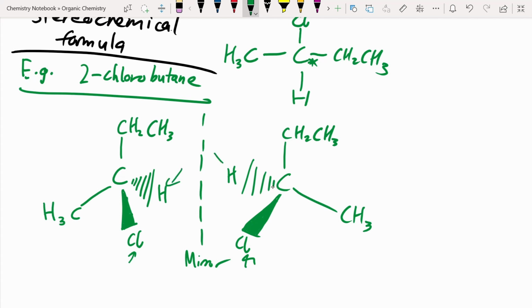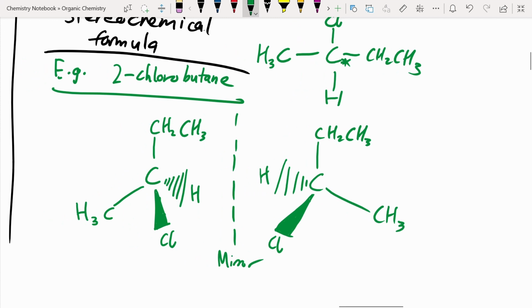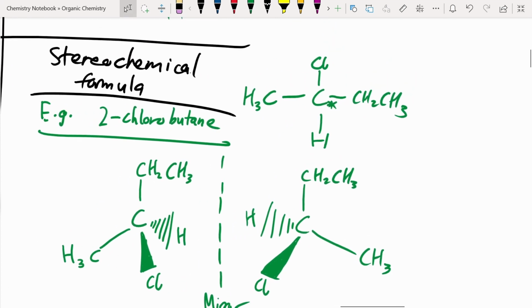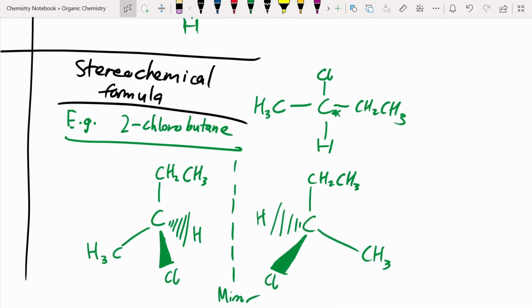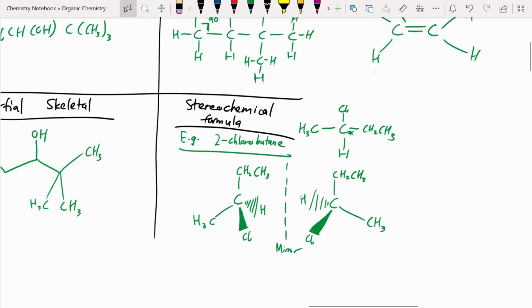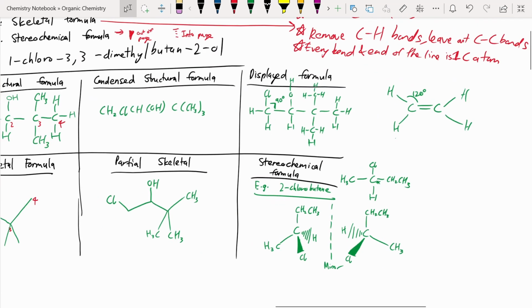This one is here, this one is here. Both must be mirror images. That is the most important thing for enantiomers as stereochemical formula. Okay, that is it for drawing organic compounds.